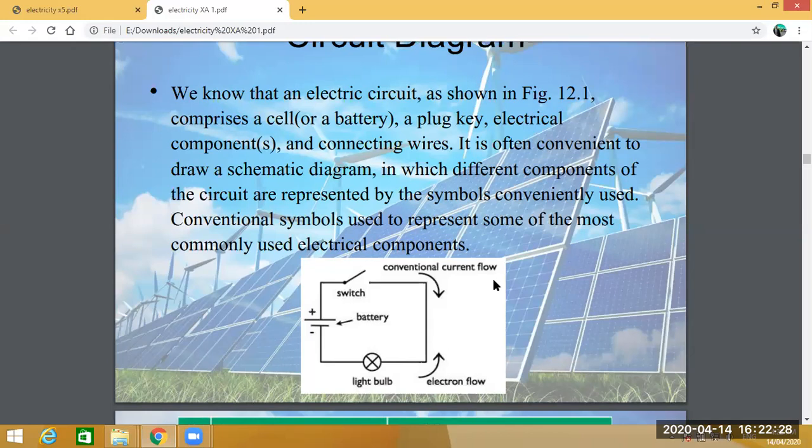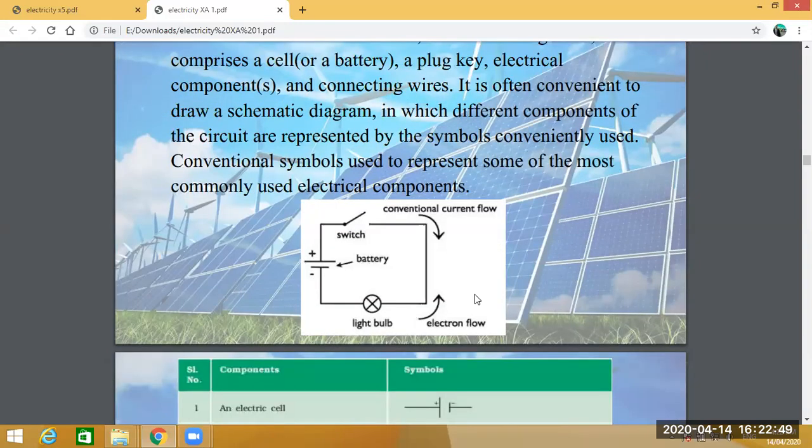Here we will learn the symbols of various components of an electric circuit that we would use to draw a schematic diagram. Conventional symbols used to represent some of the most commonly used components of the circuit are given below.